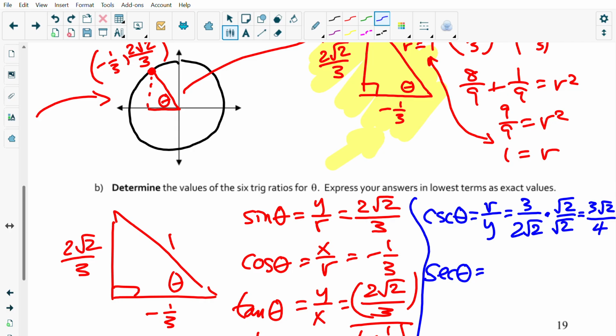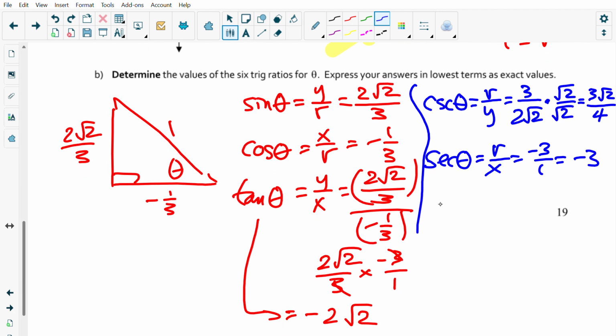Secant of theta, which is the reciprocal of the cosine of theta, that's r over x, and that's negative 3 over 1, or just negative 3. Cotangent of theta, that's x over y, or you can think of it as cosine over the sine ratio. Oh, let's make it easier.